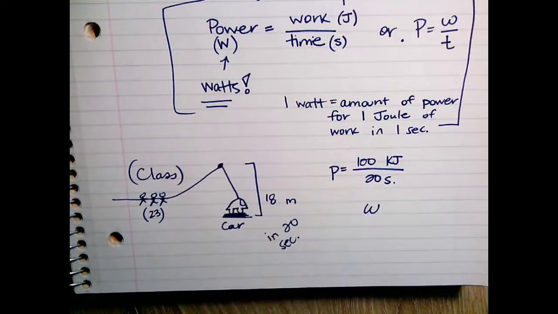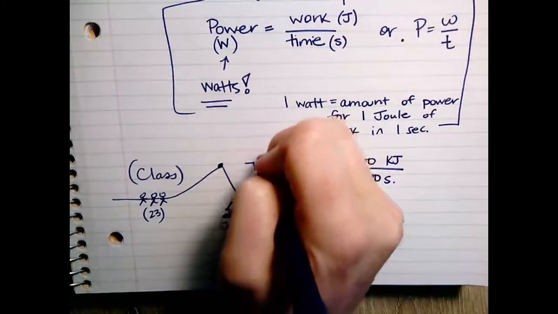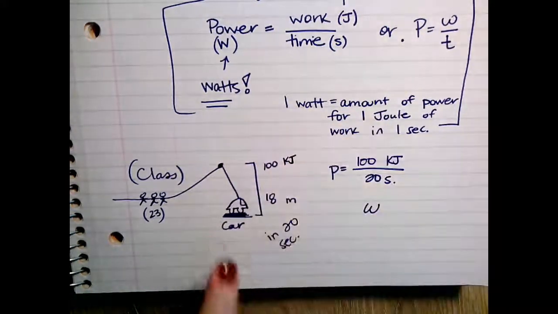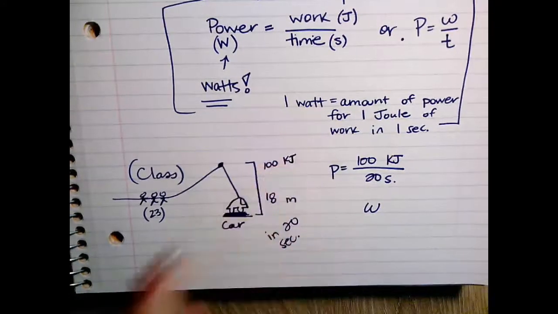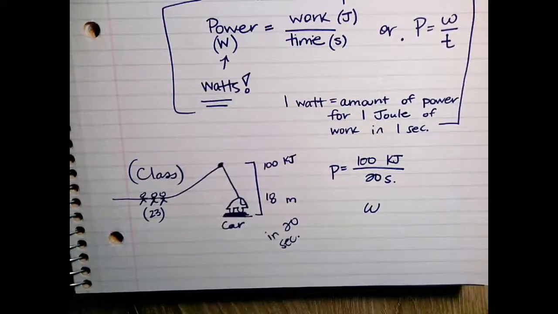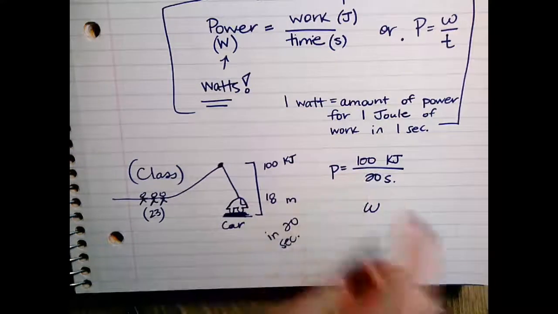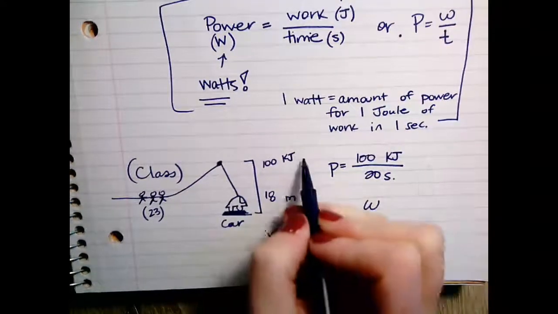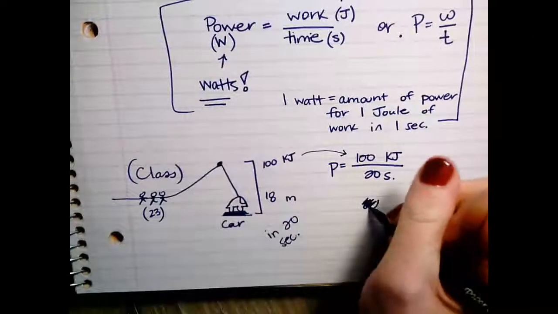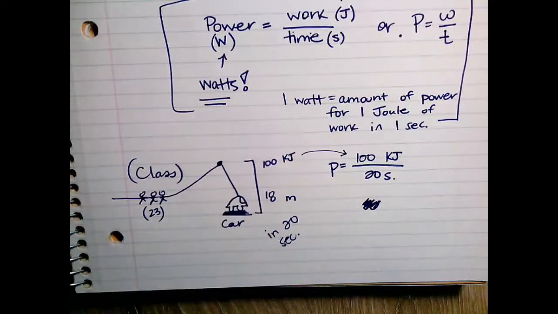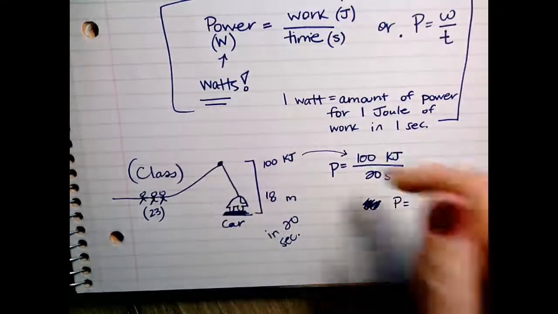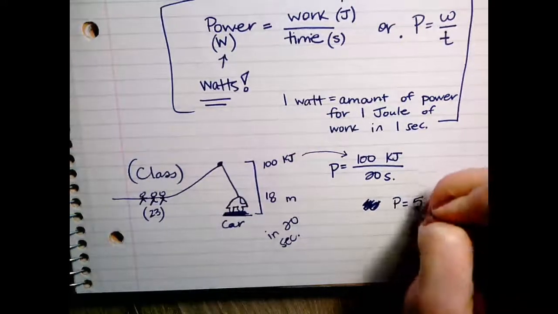We're going to say it's 100 kilojoules. I'm going to give that to you, because it's a car, so it has to have a lot more energy. That's how heavy the car is. So I don't want you to think I just randomly came up with that. We would know that since we did kilojoules, we would be using kilowatts. So the power would be 100 divided by 20, which you guys know is 5, and it would be kilowatts.